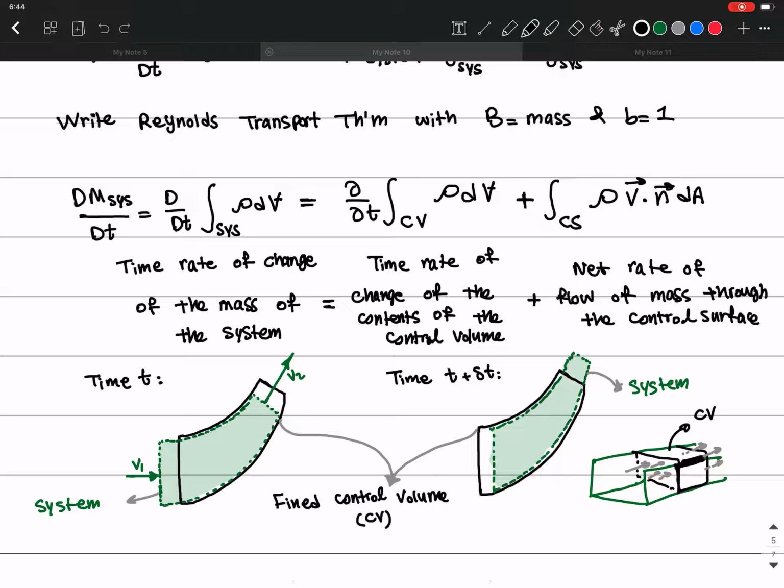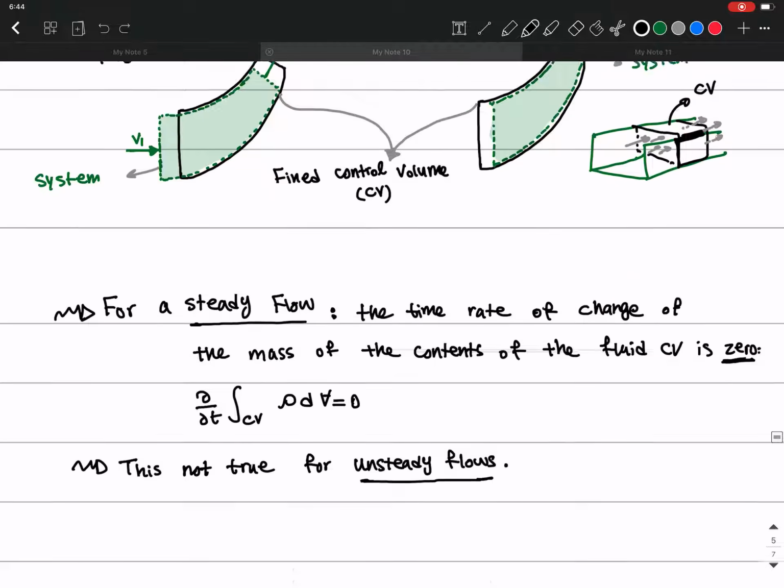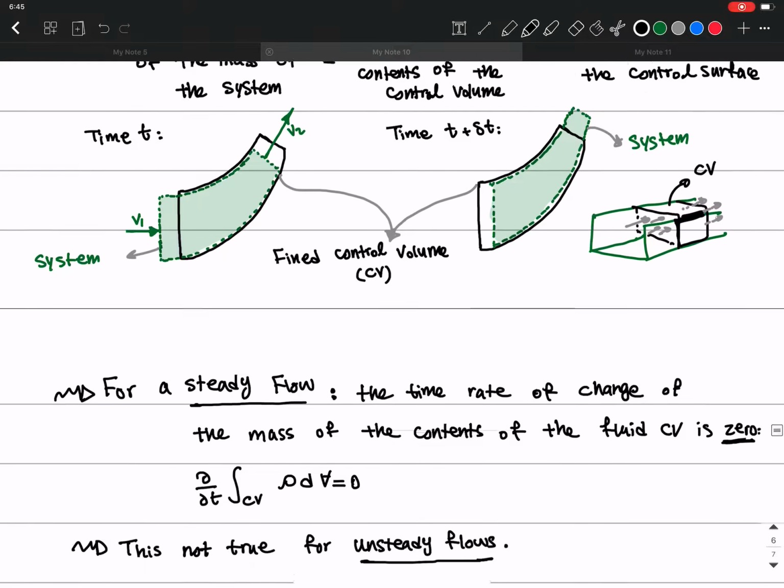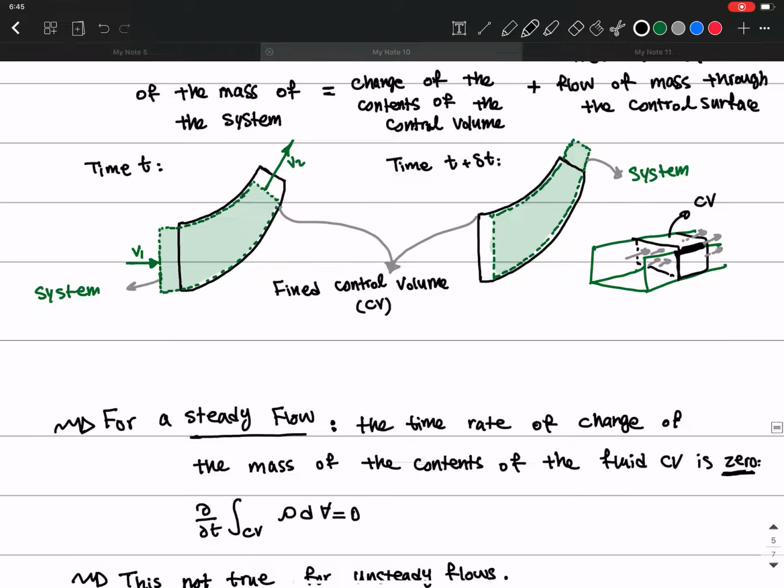And so the general continuity equation is as follows. Because of conservation of mass, the total change of the system is zero. For example, if you are running an experiment, you supply some water from here, and then you take the water back and recirculate it to this open channel flow.